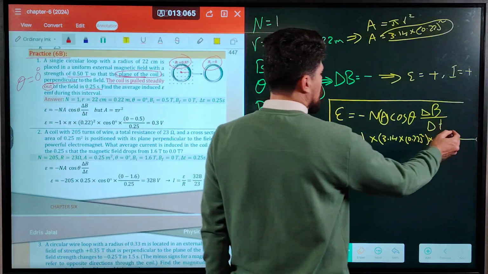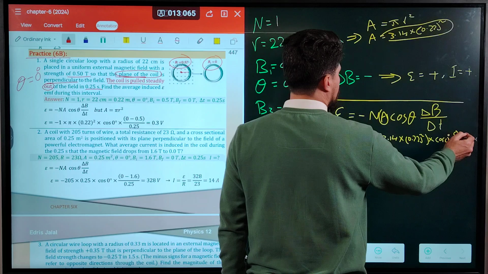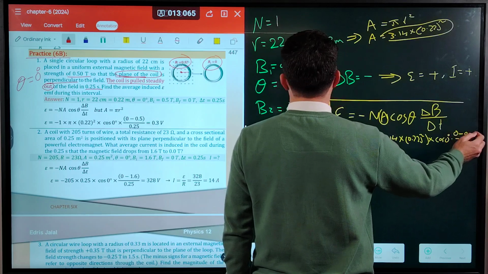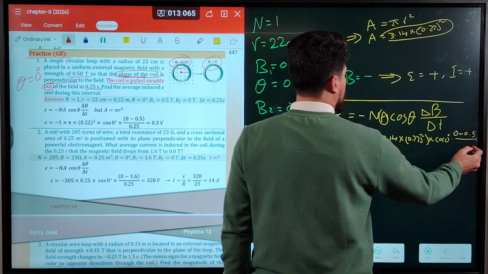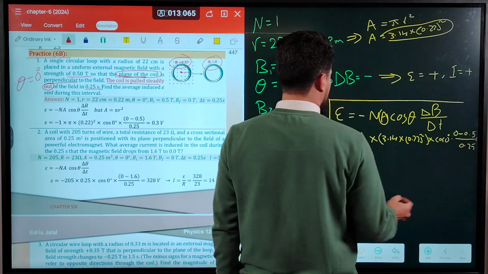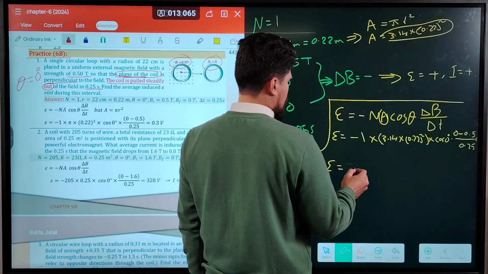B2 is 0, so 0 minus 0.5, divided by 0.25. EMF is equal to what?